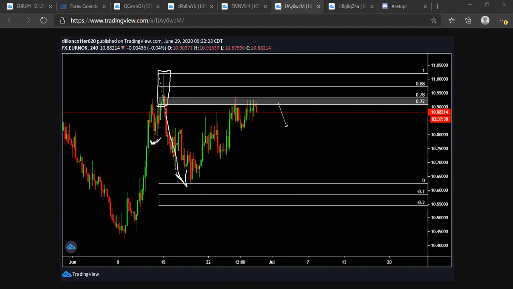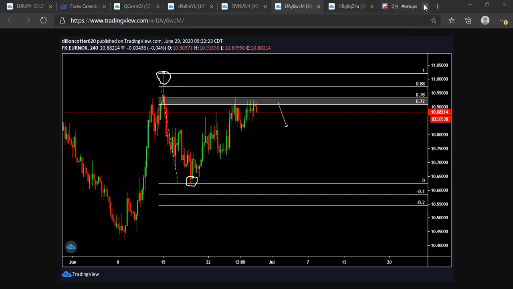We had structure that had been breached, broken, so we had a new low created. From this swing high to this swing low was where the fibs needed to be placed.